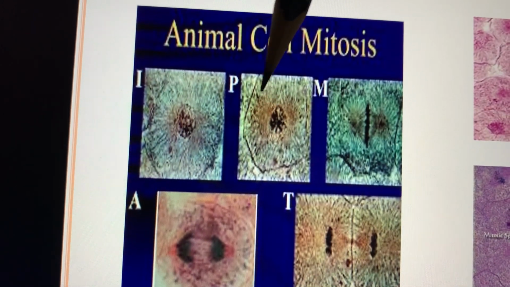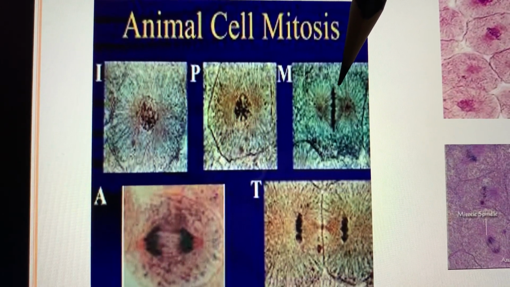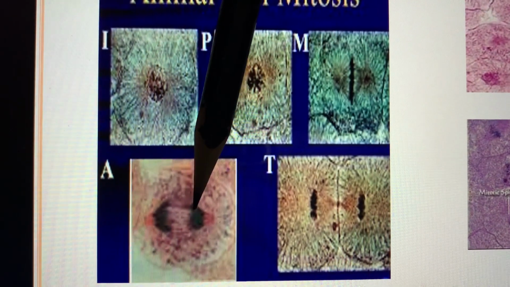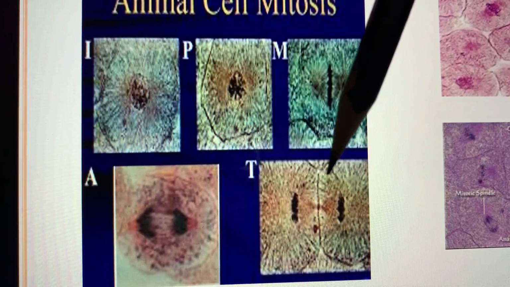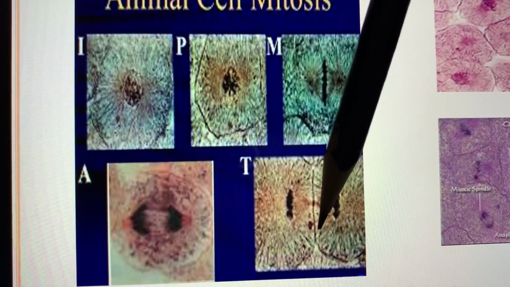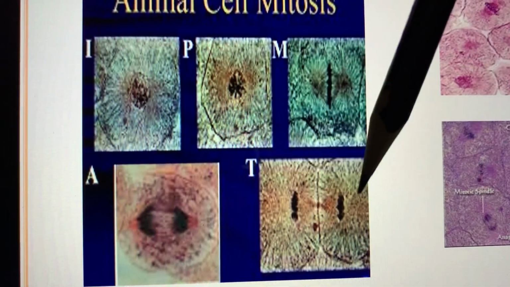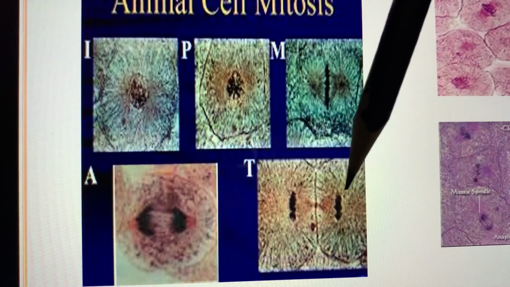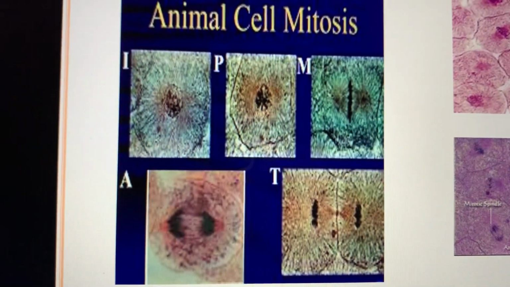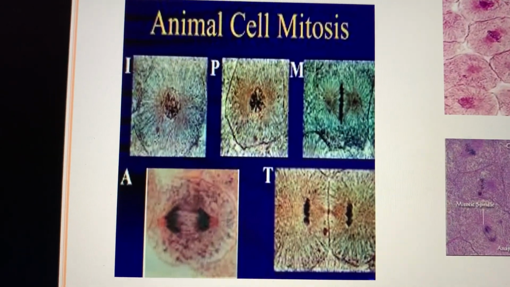Just start with prophase. Metaphase, look at the alignment. Anaphase, separation of the chromosomes, and then a plate will be formed to separate the two cells, and each cell will then create a nuclear membrane surrounding the new chromosomes.